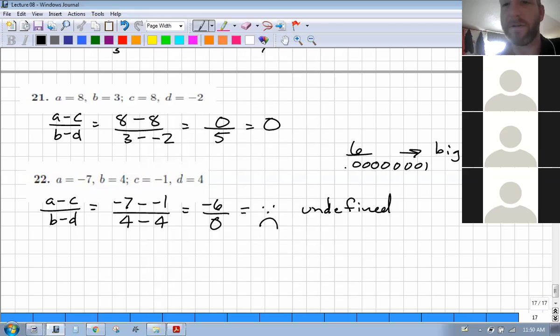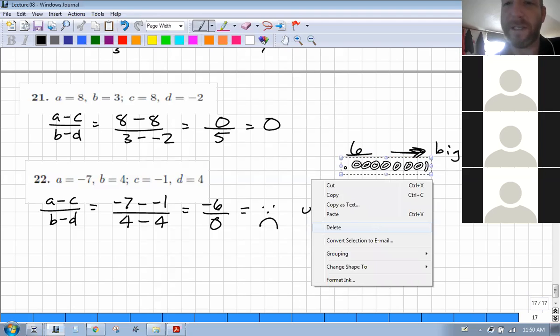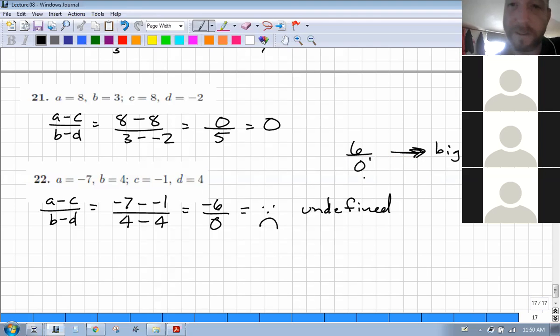So the closer this number on the bottom gets to 0, the bigger this number gets. So if I plugged in something really close to 0 but positive, I'll call it 0 plus, this thing goes to infinity. 6 divided by something teeny tiny is something really huge and positive.